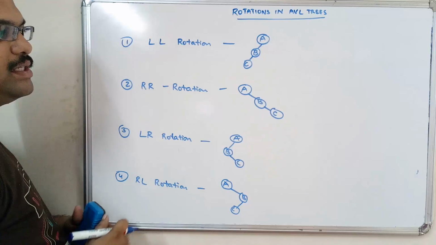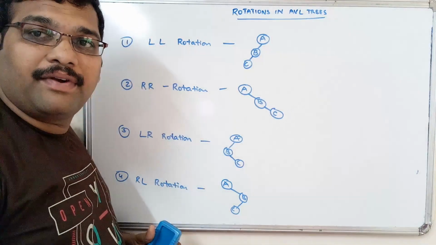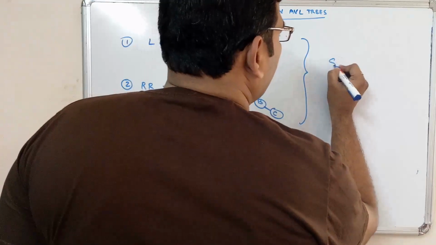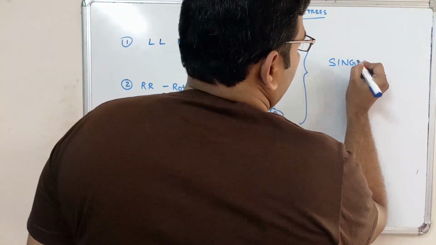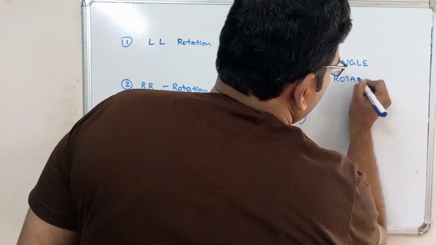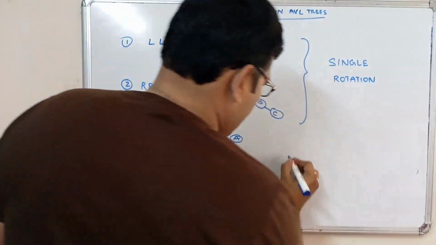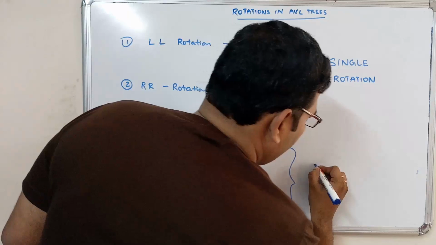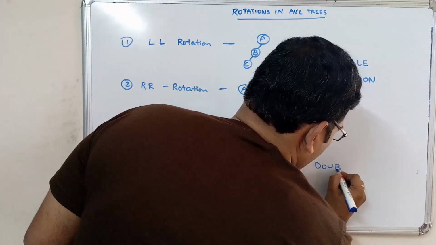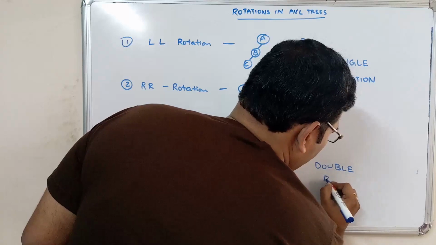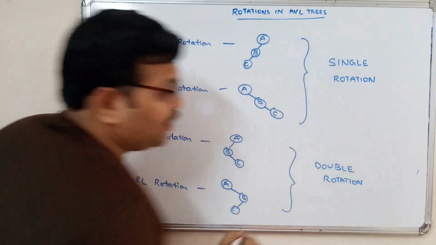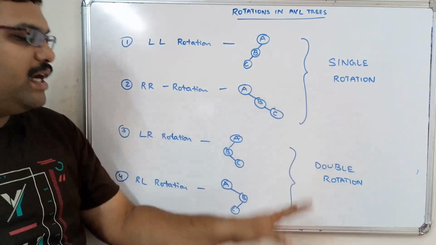Right. These are the different rotations we have seen, and these two will come under single rotations. That means we will perform only one rotation, single rotation, and these we will perform as double rotation, single rotation and a double rotation.